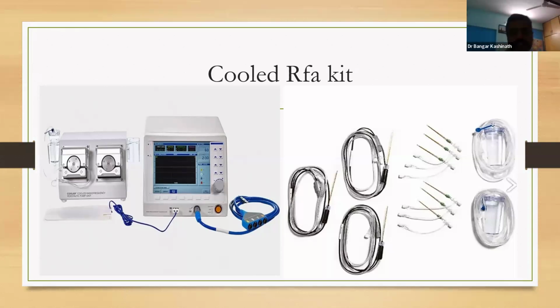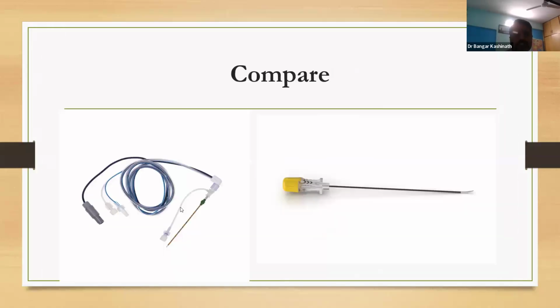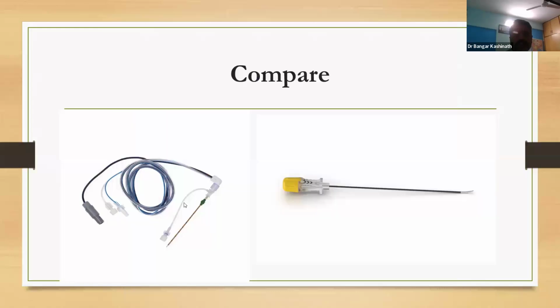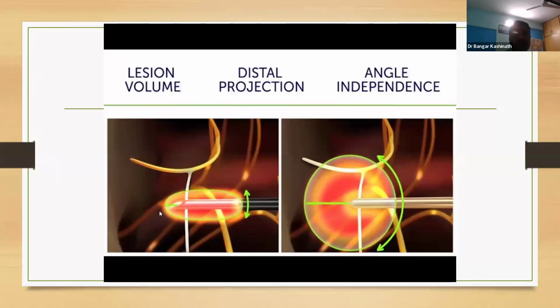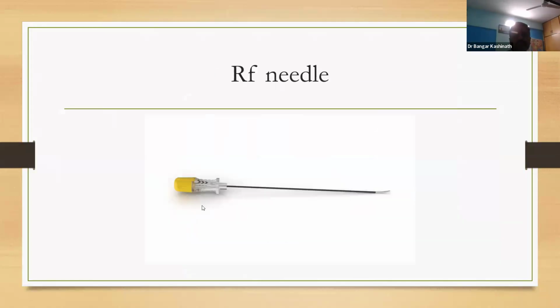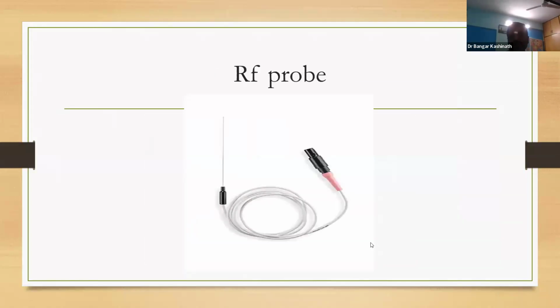Okay, nearly correct. Fantastic. So what happens is, see, this is your thermocouple. Can you see? Yes, sir. So the electric current from the machine.